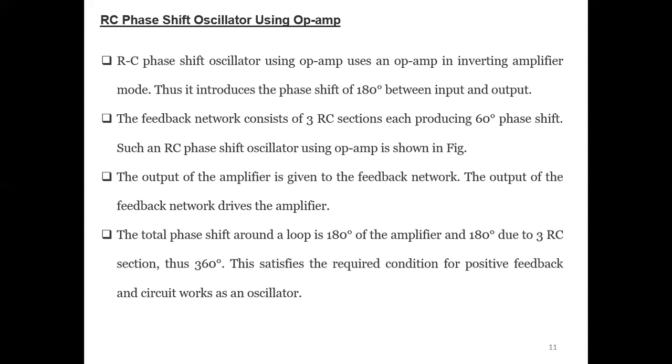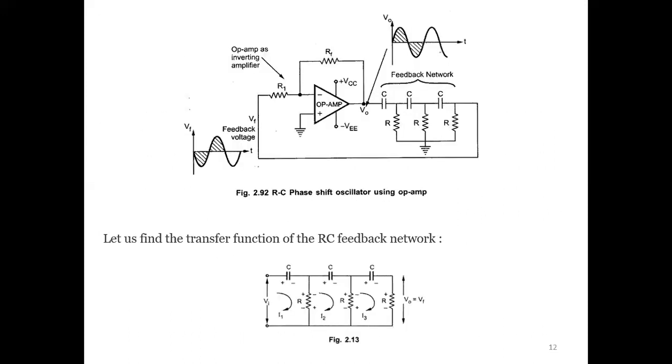The total phase shift around the loop is 180 degrees from the amplifier and 180 degrees from the 3 RC sections, so a total of 360 degrees. This satisfies the required condition for positive feedback and the circuit works as an oscillator. So this is the RC phase shift oscillator using an operational amplifier.